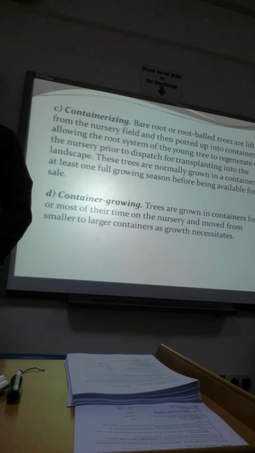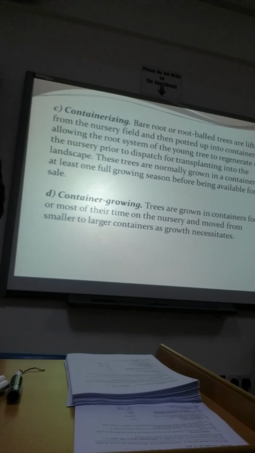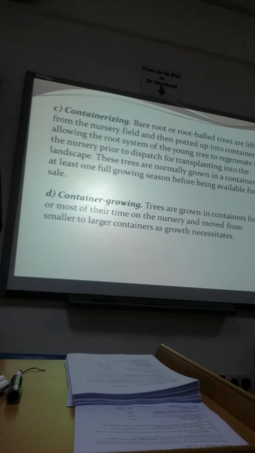Okay? Then after the construction has been finished, it is turned over, then it is utilized by the occupants. Those who are visiting will be surprised that there are already larger trees planted near the shoreline, because they were brought through container growing.